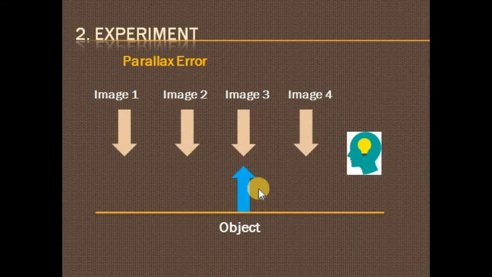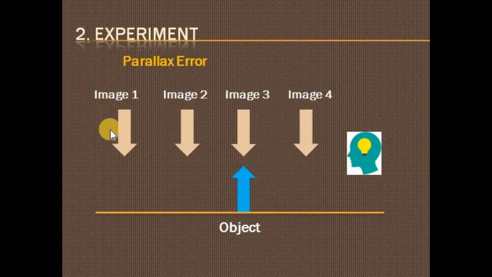Now if the object is closer to your eyes compared to image 1, and if you move your head perpendicular to the vertical plane where this image and this object lie, then you will find that the object which is near to your eyes will move faster compared to image 1, and this object will move opposite to the direction of the movement of your head.